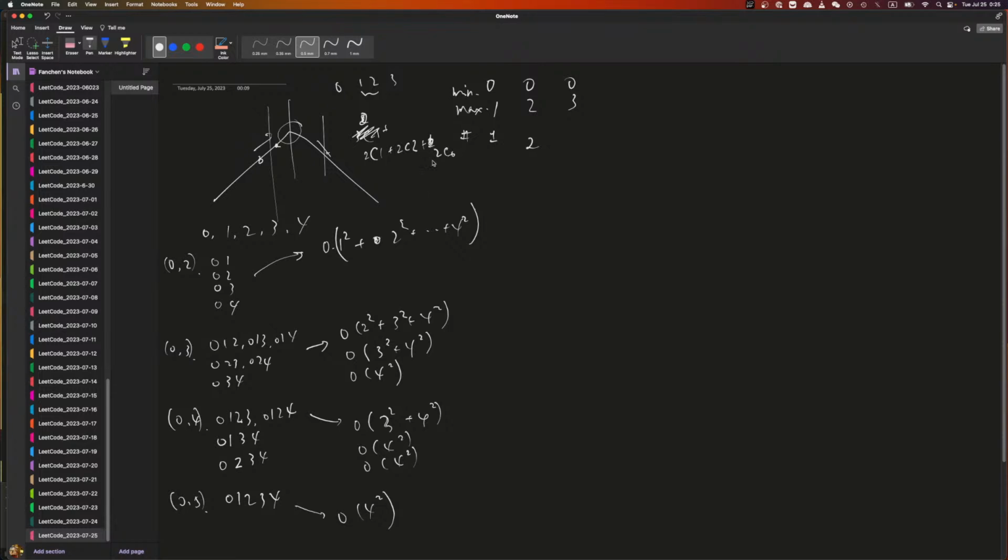And that should be 2 to the 2. We have 1, 2, 1 2, and empty, so that's 4. If we do 0, 4, we have 3 in between, so there are 2 to the 3rd, so it should be 8. We have 1, 2, 3, 4, 5, 6, 7, 8.